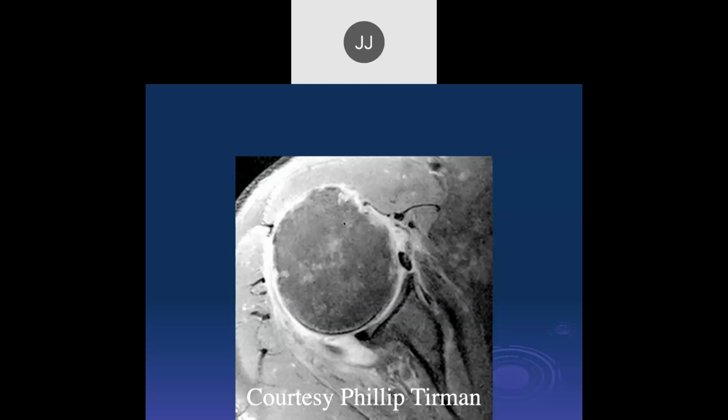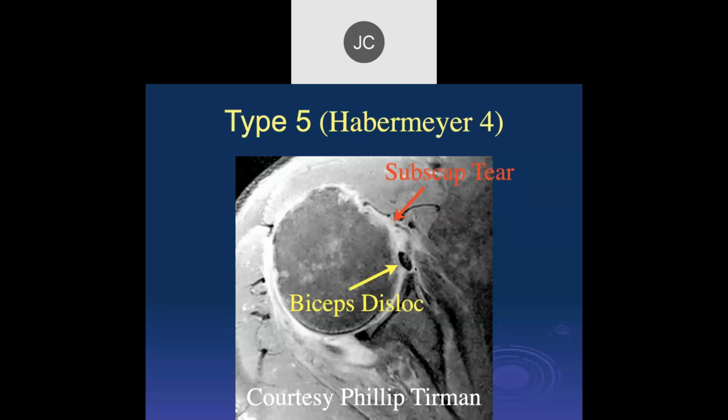Okay, good. All right, this looks like a full thickness tear of the subscapularis. Is that ovoid low signal the biceps tendon immediately dislocated? Okay, so this time we have a complete subscap tear, dislocated biceps. This was number 5 in our criteria, and this turned out to also have a tear of the supraspinatus, so this was a Hagemeyer 4.